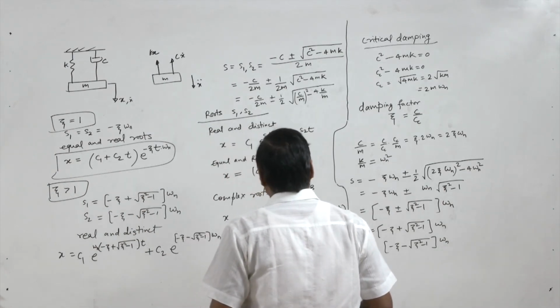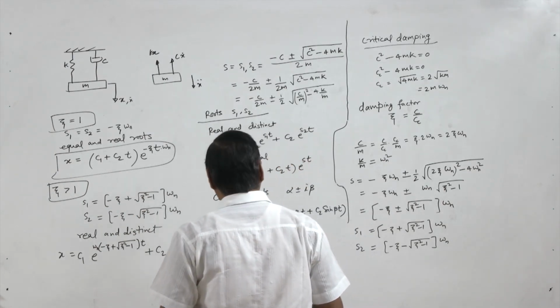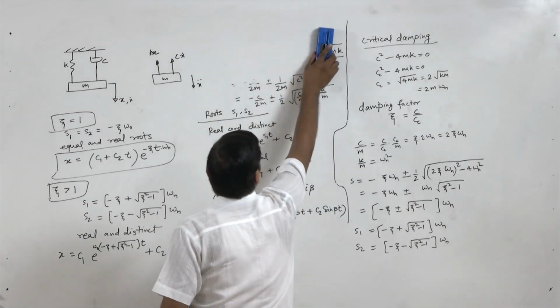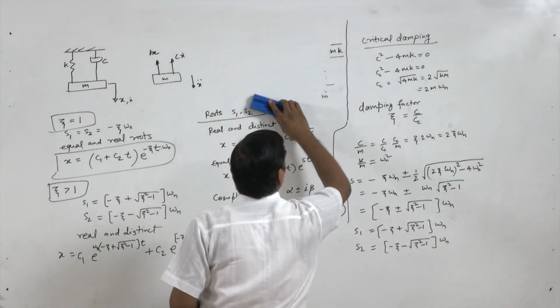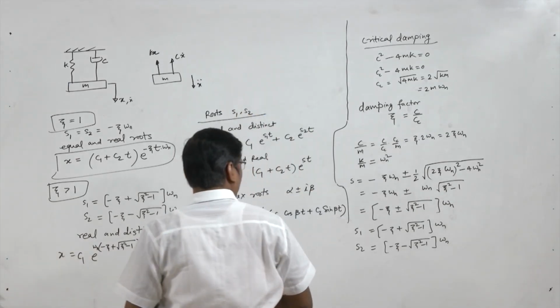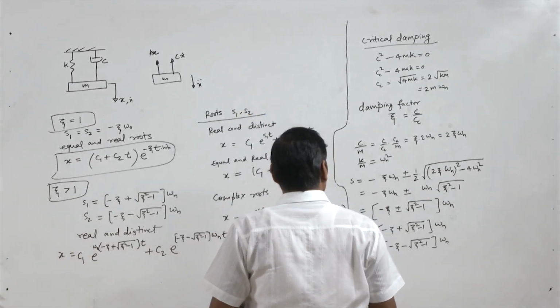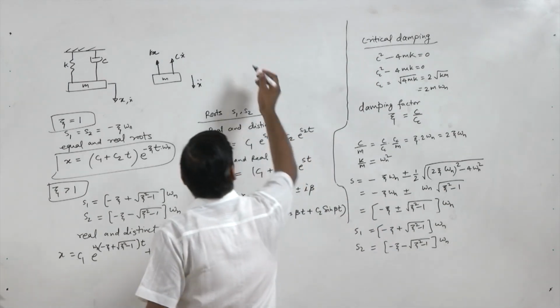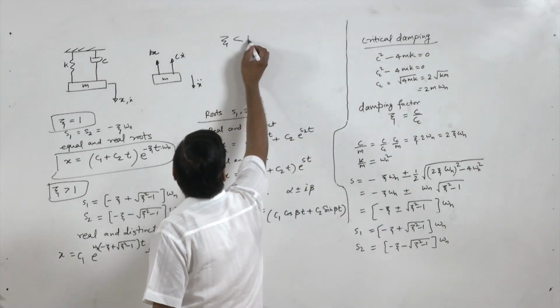Now the other case we will have: when zeta is less than 1.